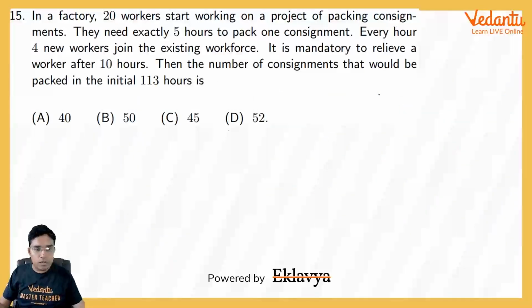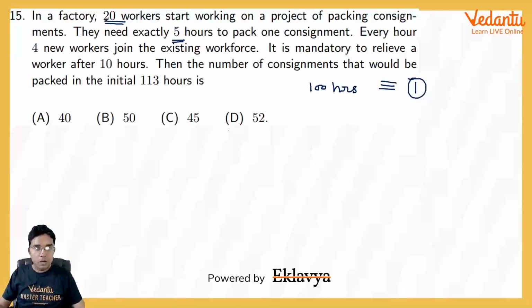Coming to next question, that is 15. Here we are given that in a factory 20 workers start working on a project of packing consignments. They need exactly 5 hours to pack one consignment. That means 20 worker, 5 hours work, that means total 100 hours of work is equal to or equivalent to one consignment.